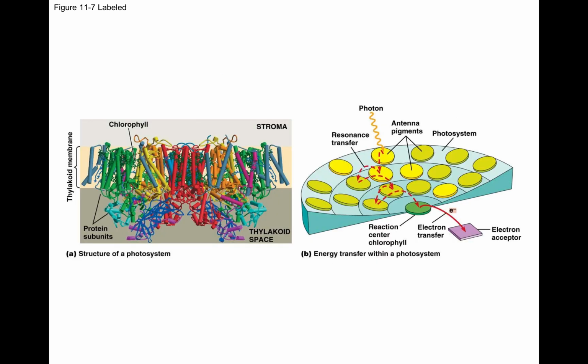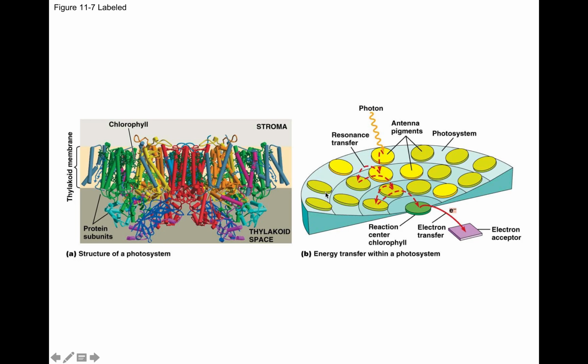So we talk about photosystems in photosynthesis, and a photosystem is a protein chlorophyll complex that is embedded in the membrane that contains multiple different proteins and maybe multiple different pigments, such that there are chlorophyll molecules that are absorbing light, and these are called antenna pigments.